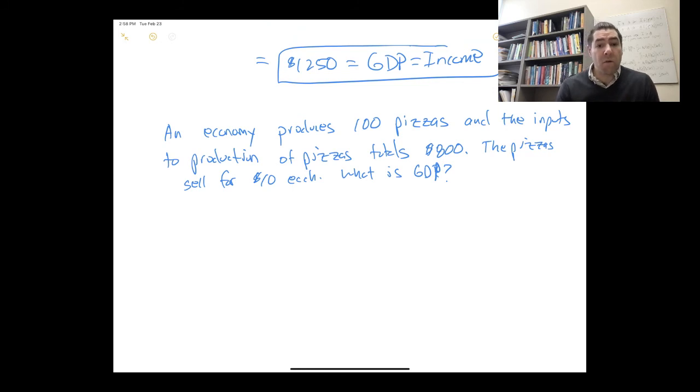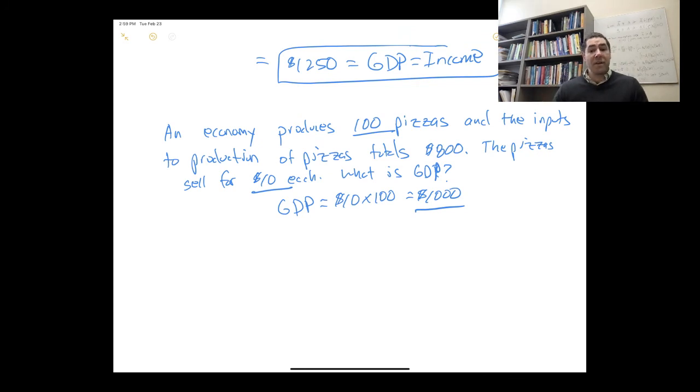So if I wanted to answer this question, I would focus on 100 pizzas at $10 each. That's the final good. So I know that GDP in this case is simply 10 times 100, which is $1,000, right? I don't even need to mess around with the value of the intermediate good. I already know the value of the final good.